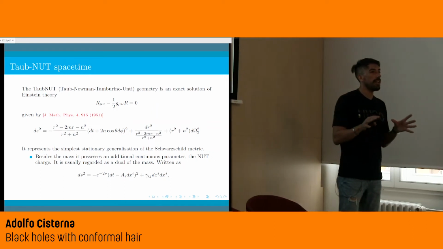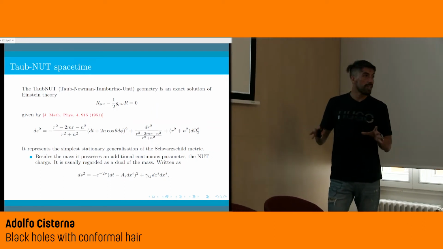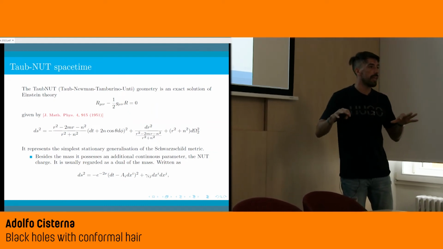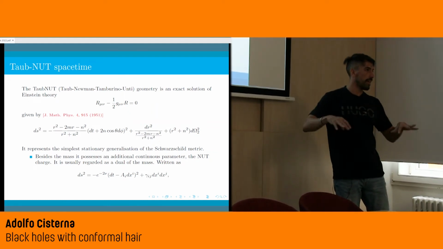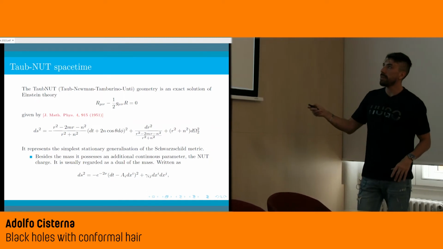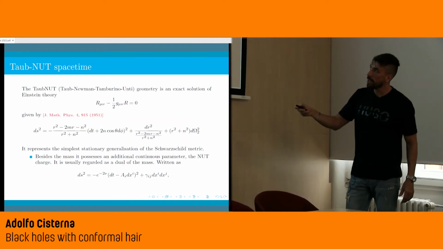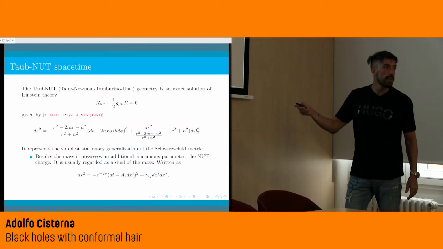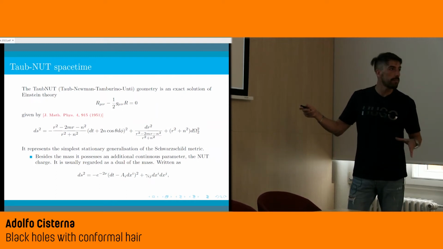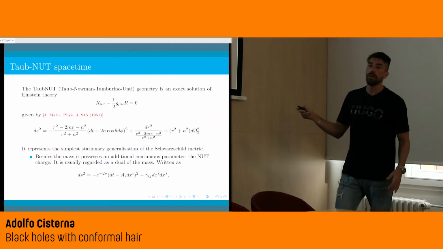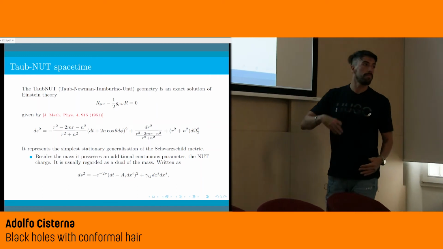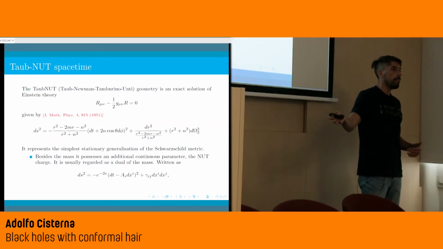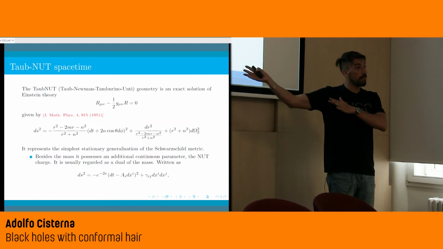But the first stationary metric you can construct, the simplest one, let's say in terms of the metric only, not in the properties or anything else, is actually a Taub-NUT metric that contains a non-static term if you expand this square here, right? So you have a d-phi term. So this is the first one, and it's of course a non-radiating solution because it belongs to the Petrov type D solutions represented by the Blavatsky-Viviansky family.